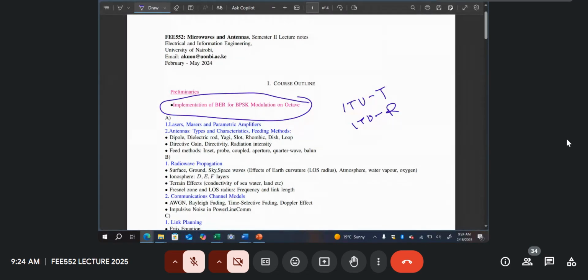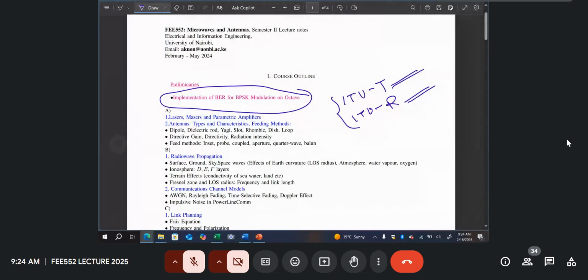So this you must understand where we fall. The standards we are going to consider are on radio propagation, or radio communication, with several standards. So everything we are doing, you have to relate to that standard and see what the standard is saying about antennas, lasers, and meshes.